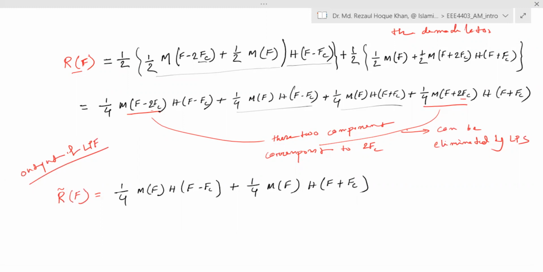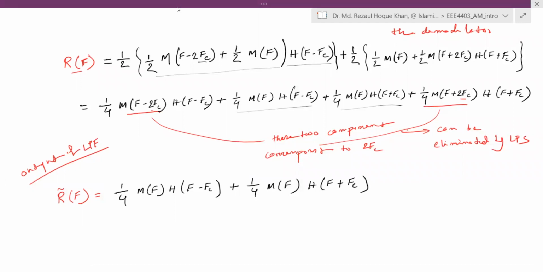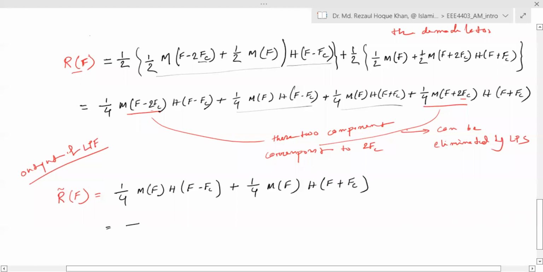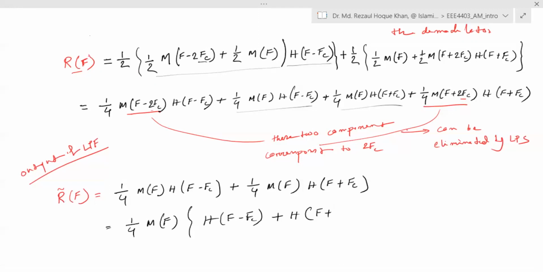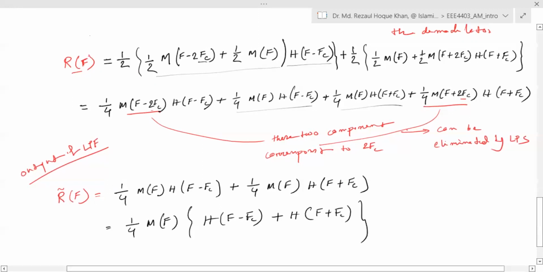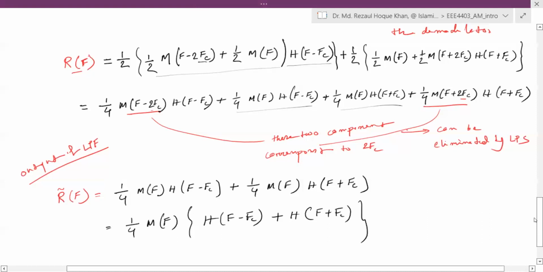Now, our aim is, okay, a little bit of modification. Just write it 1 by 4 mf times h f minus fc plus h f plus fc. What is our aim?